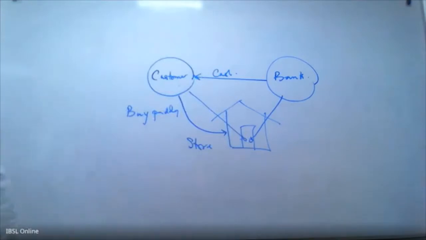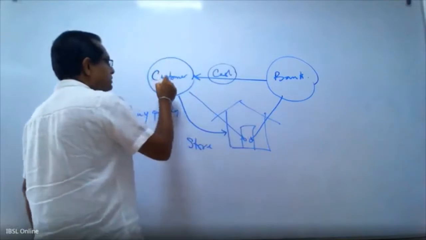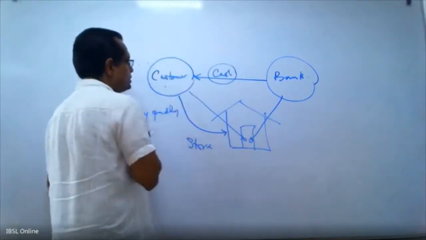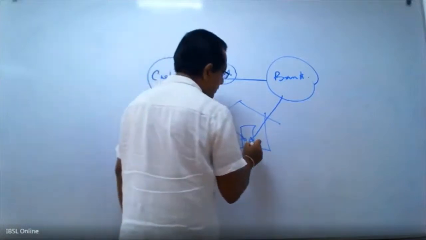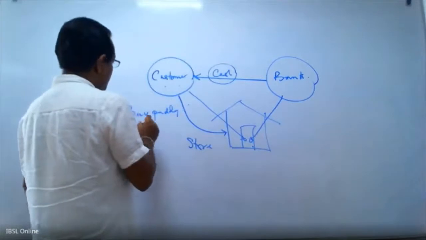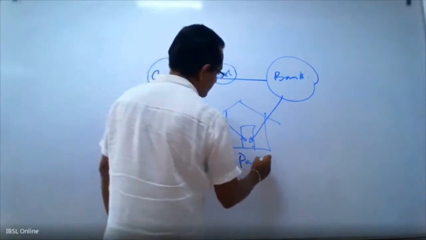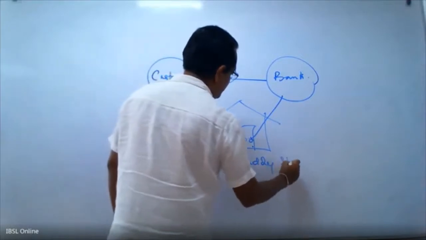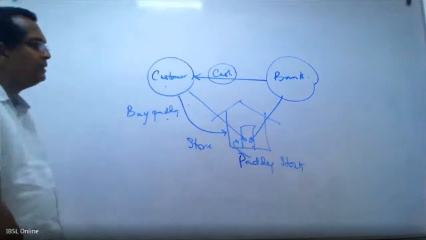So though we have given money, the goods are not in the possession of the customer. They are in the possession of the bank. The paddy is stocked in this warehouse.